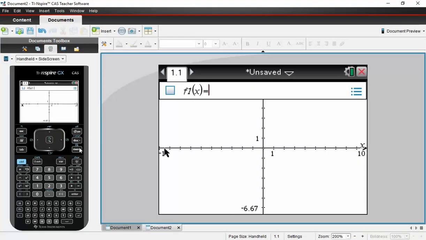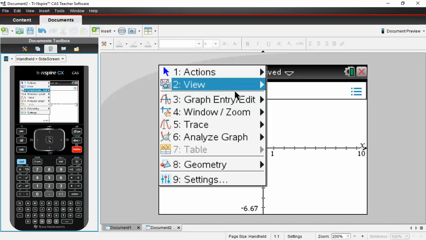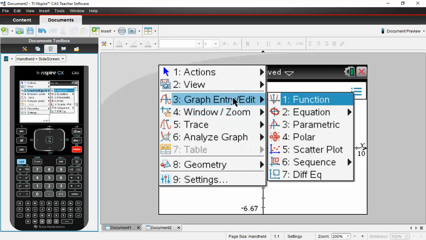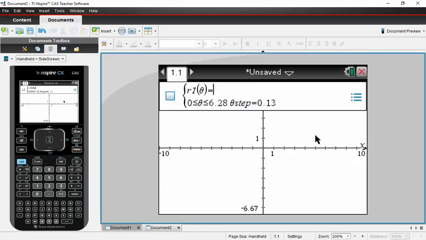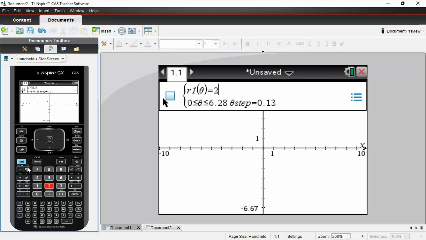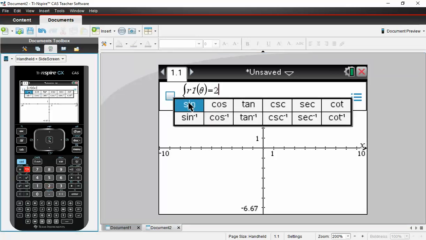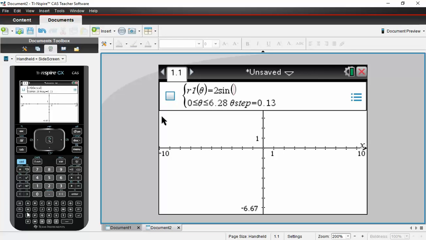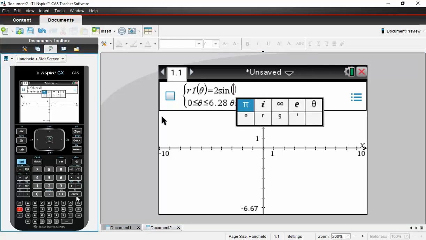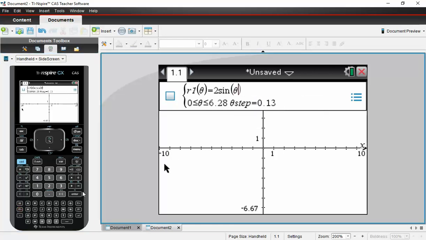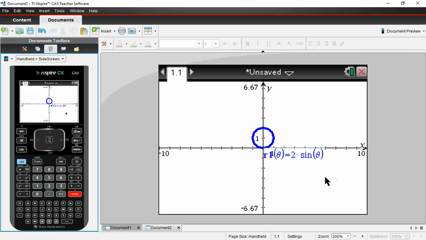All right, so remember this? 2 sine theta. See it?